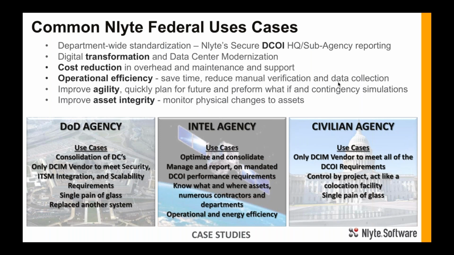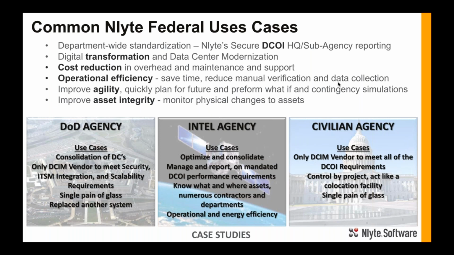Great. Down below, we have three anonymized case studies of specific agencies who are using our solution. The themes you'll find throughout all of them are the ability to consolidate data centers, greater insight into the information occurring inside those data centers, integration into other systems, and the opportunities you get from these case studies.